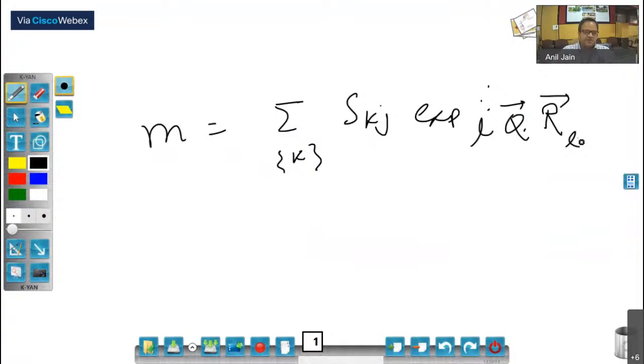So this is the expression of our magnetic moment, and what we have to determine is this Fourier coefficient.